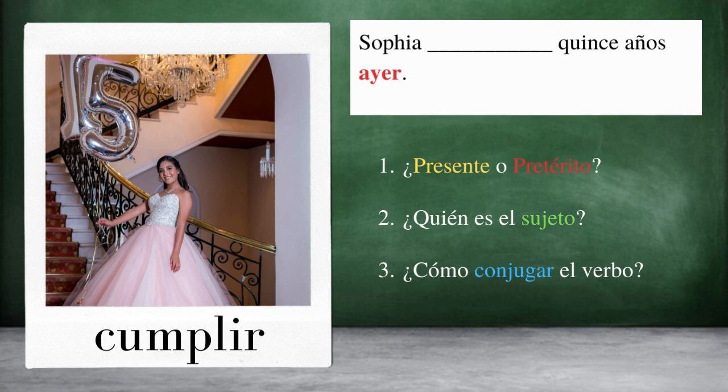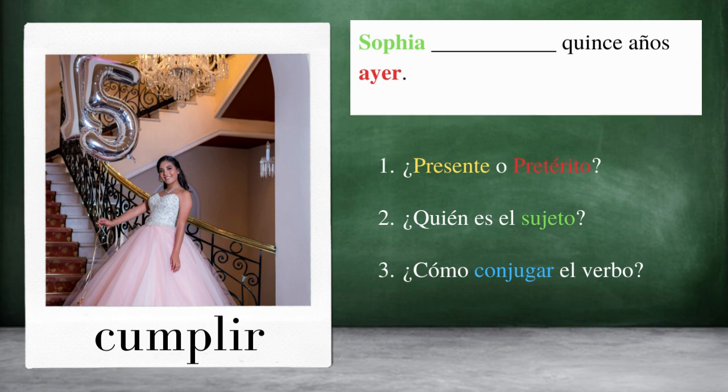Now we can answer our second question. ¿Quién es el sujeto? Who is the subject? Sophia. Sophia is the subject of this sentence. So we're going to conjugate this in the ella form. She. She accomplished 15 years yesterday.